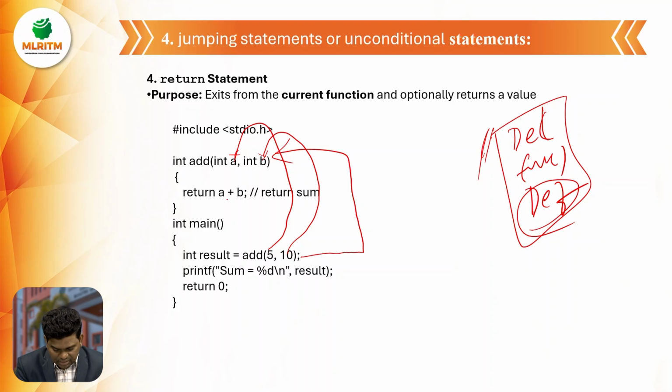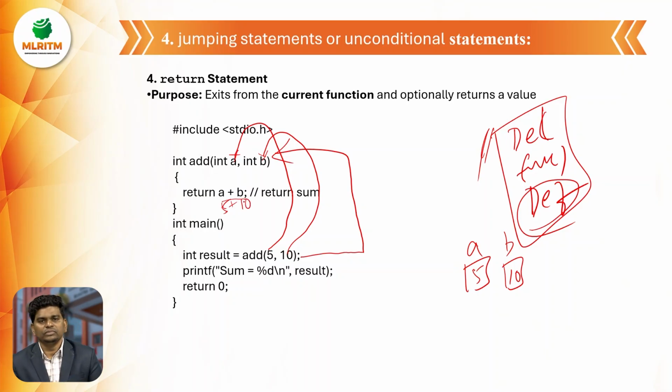What it is doing here is some calculation, that is a plus b. In memory, a is 5 and b has the value 10, so they get replaced with these values: 5 plus 10, that is 15. So this function returns the 15 value.